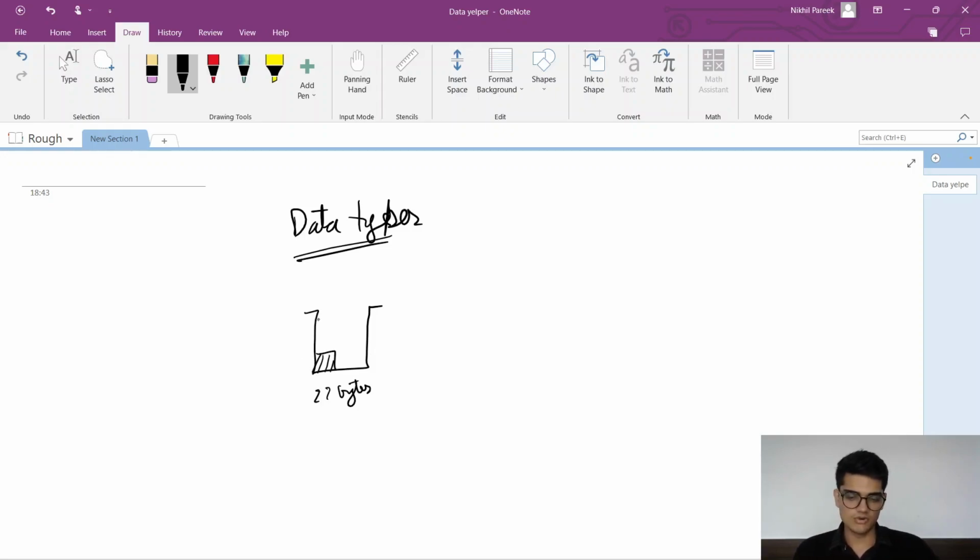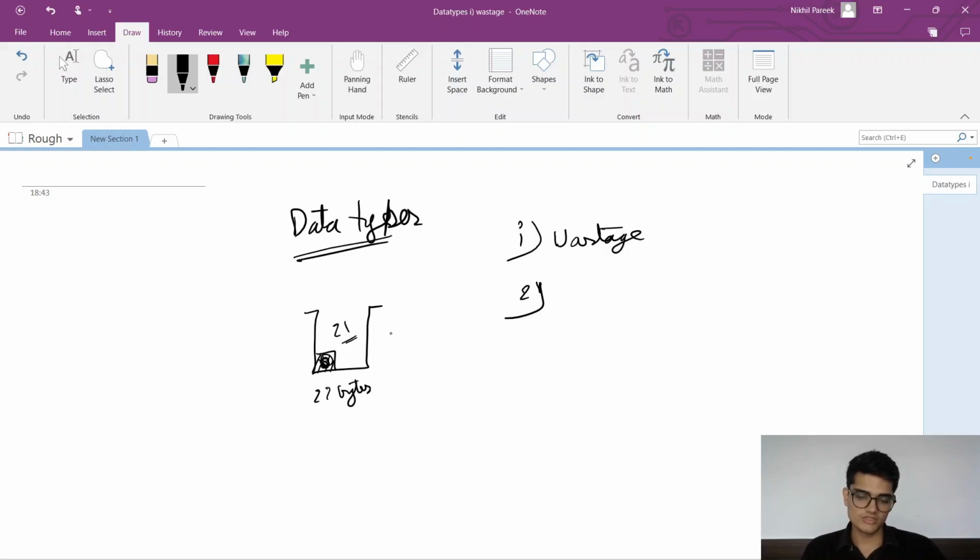So what is the issue here? Two problems arise. The first one is wastage of memory, because out of 22 bytes we are only using 1 byte and the remaining 21 bytes are getting wasted. The second is that it makes our program slower, because when we need this particular data we have to fetch all 22 bytes.